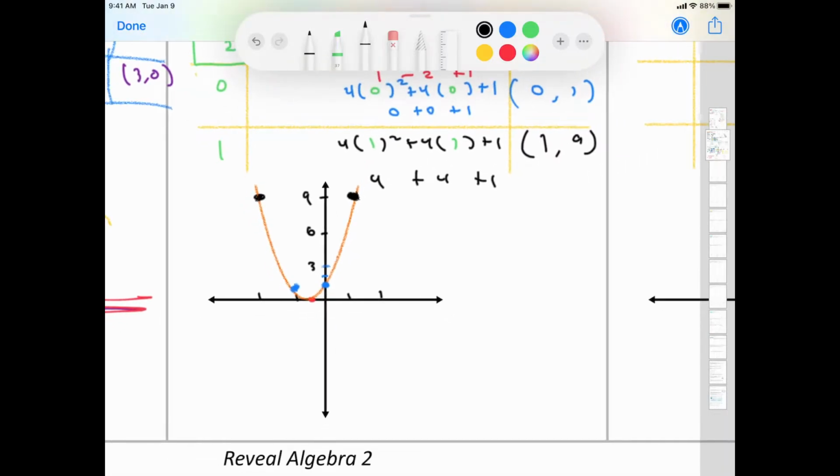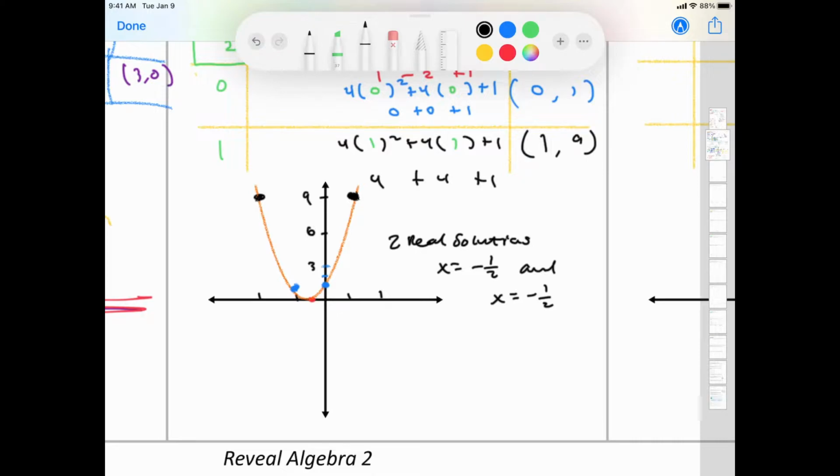Okay, so question. How many times does it go through the x-axis? Well, you can say 2 real solutions at x equals negative 1/2 and x equals negative 1/2.